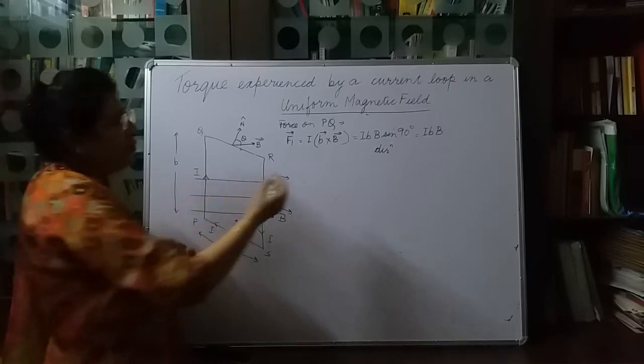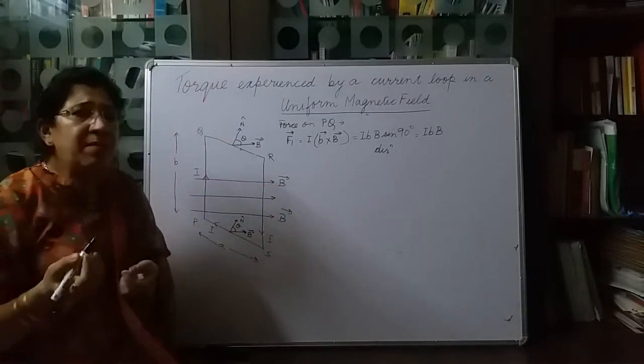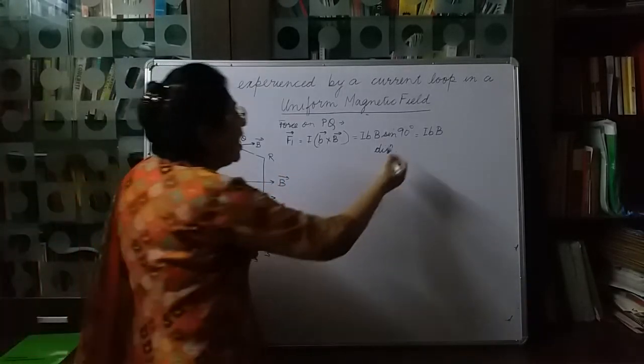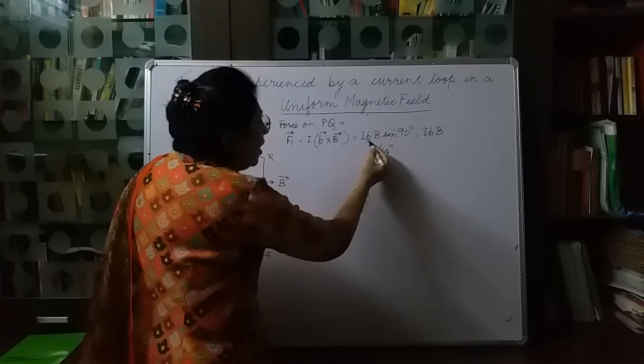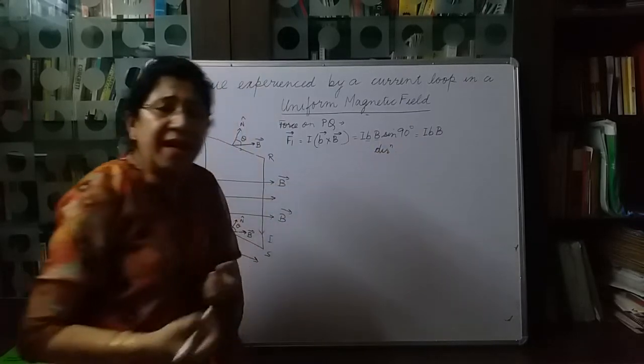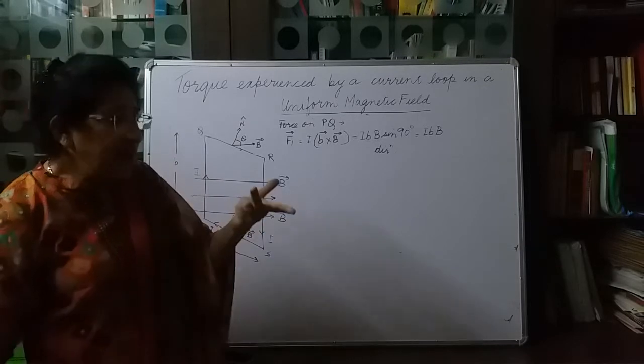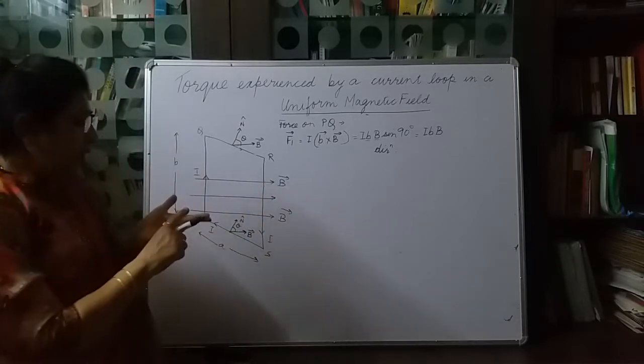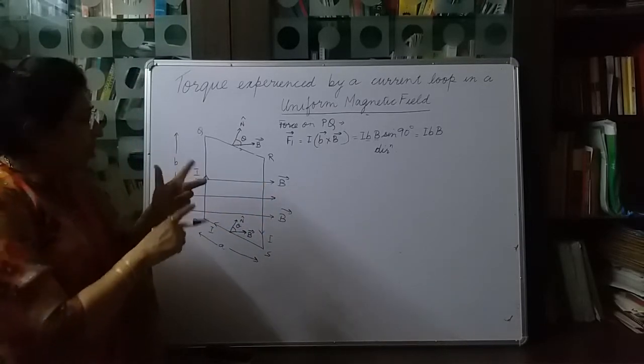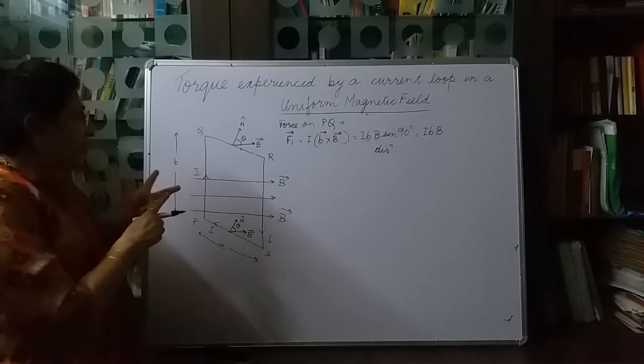The direction of the force here will be found by Fleming's left-hand rule, because the angle between the current element and magnetic field is 90 degrees. So using left-hand Fleming rule, the current will be represented by the central finger.